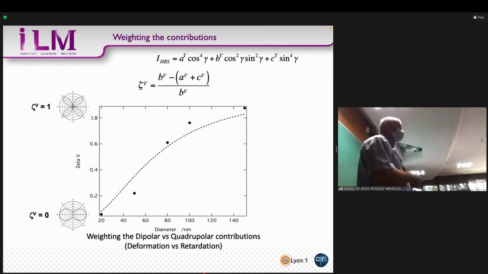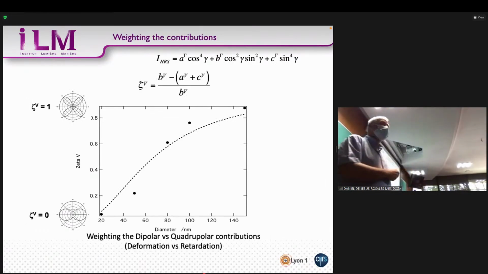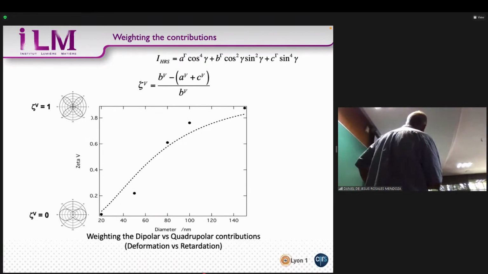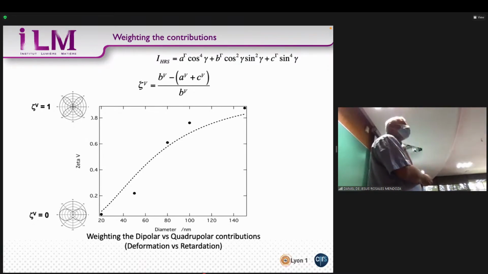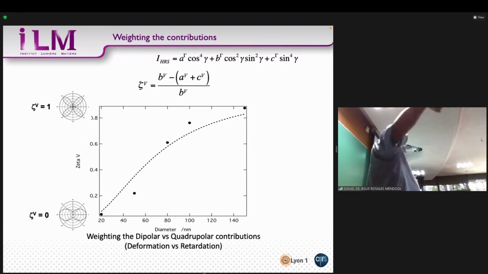So to do that, I had sketched one of the parameters, and the first parameter that we're going to use is this one, where we use B minus A plus C, and we normalize to B. This coefficient is interesting because in the incoherent case that I've shown at the start of my talk on the molecules, this is perfectly equal to A plus C. That's why we had this very nice shape.